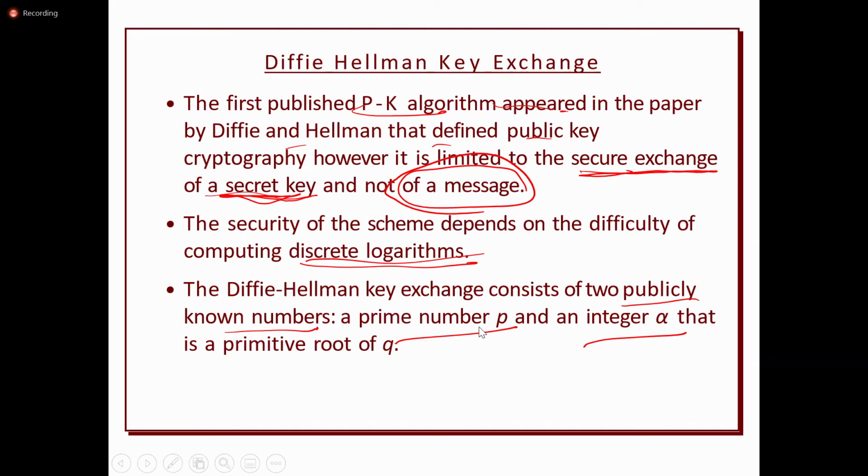So basically it will take two numbers: one is a prime number and the other is an integer that is a primitive root of the given prime number. So first we need to take the prime number, and then the primitive root of that given prime number.